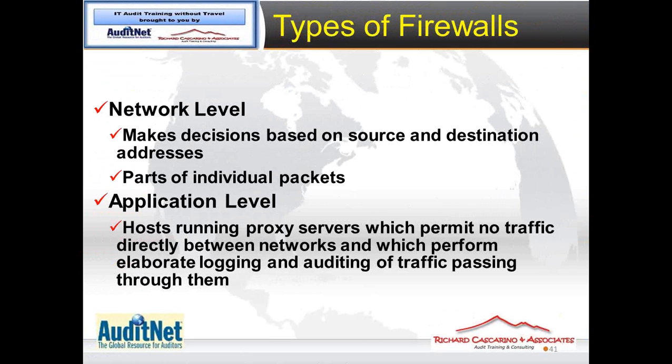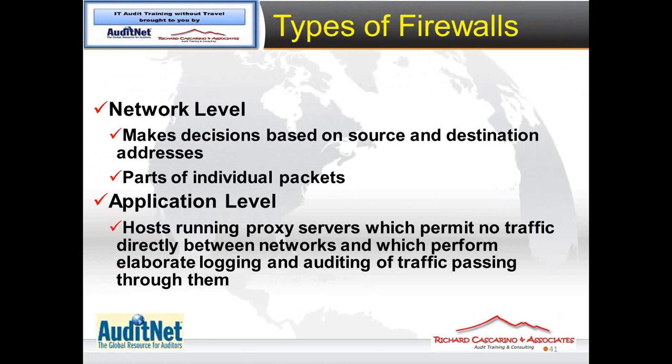And that's for each individual part of a message, each individual packet of information. At the application level, we're looking at hosts running proxy servers, permitting no traffic directly between networks, which perform all kinds of logging and auditing of traffic passing through them. That's a firewall at the application level.